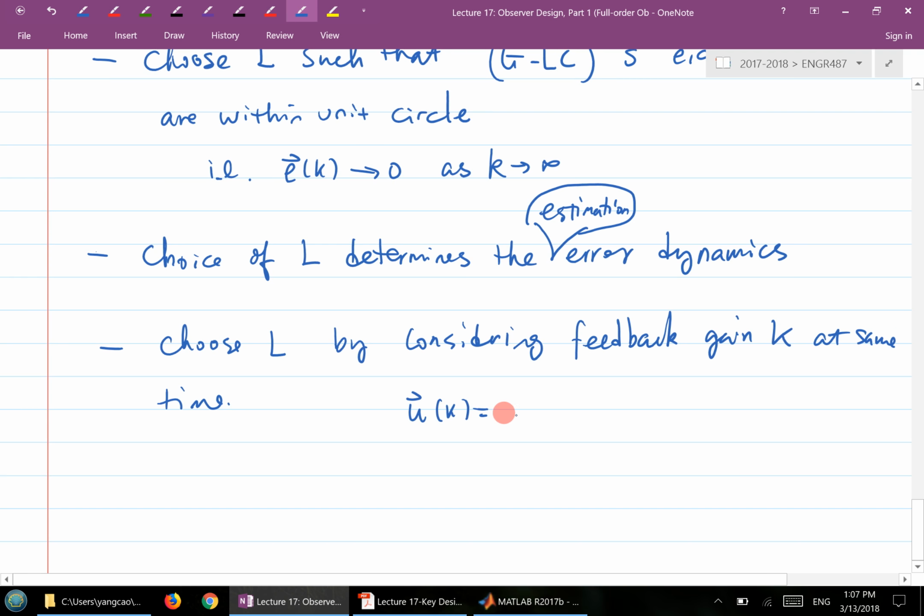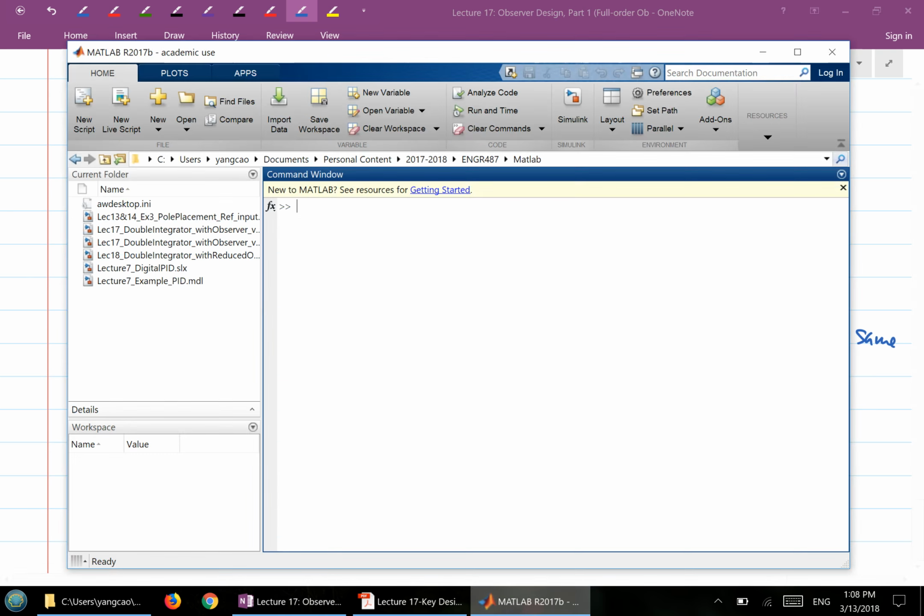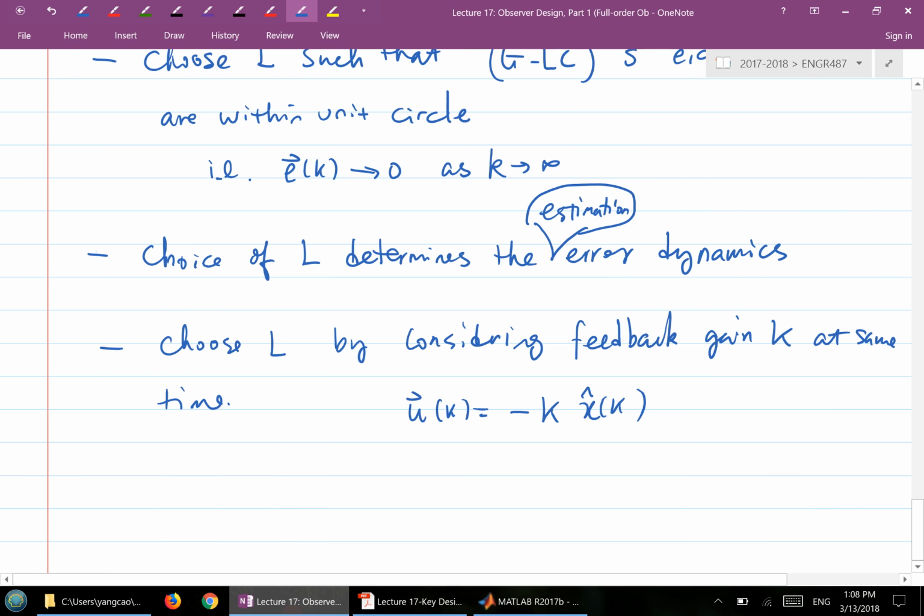So u of k equals negative K times x hat of k. That's your feedback, how you generate your control input. And this K is determined by the choice of the desired poles, by where you want to place the poles. This K will decide how the system output behaves according to your user specification, such as a certain settling time and certain damping ratios.